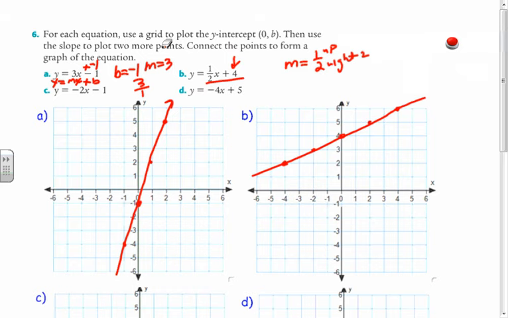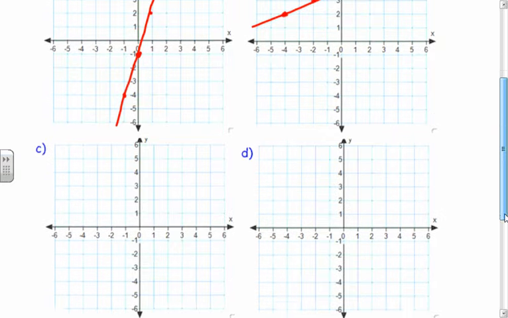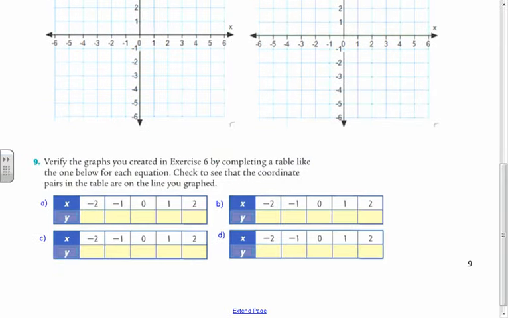The last thing we're going to do is check to make sure those points actually are the points from the equation. I'm just going to do one equation for you here. My equation A was y equals 3x minus 1. I'm given the x values in this table, so I just need to multiply those x values by 3 and then subtract 1. 3 times -2 is -6 minus 1 is -7. 3 times -1 is -3 minus 1 is -4. 3 times 0 is 0, minus 1 is -1, and so on, doing the math.